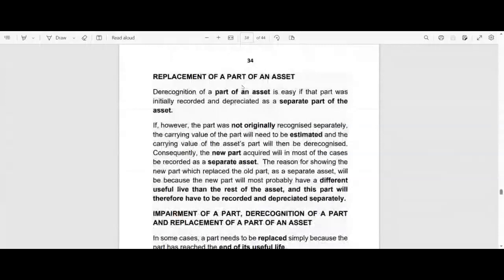So when it comes to the replacement of a significant part, ladies and gentlemen, let us start afresh. There are 4 steps involved. First of all, you're going to bring your depreciation up to date.